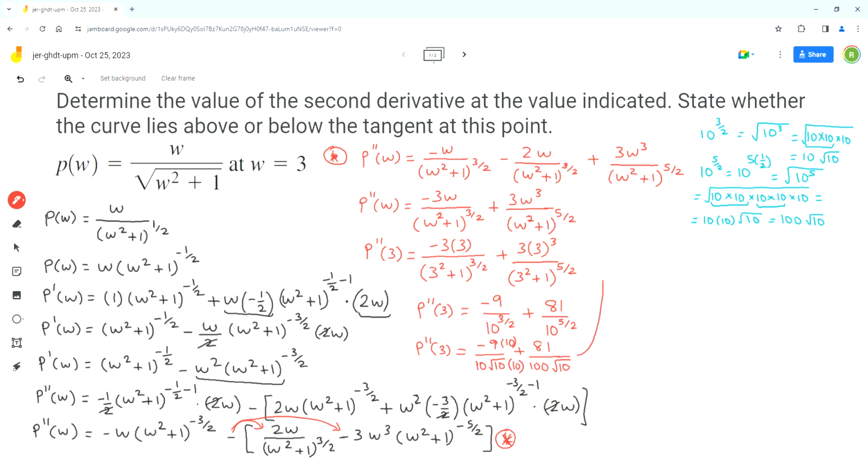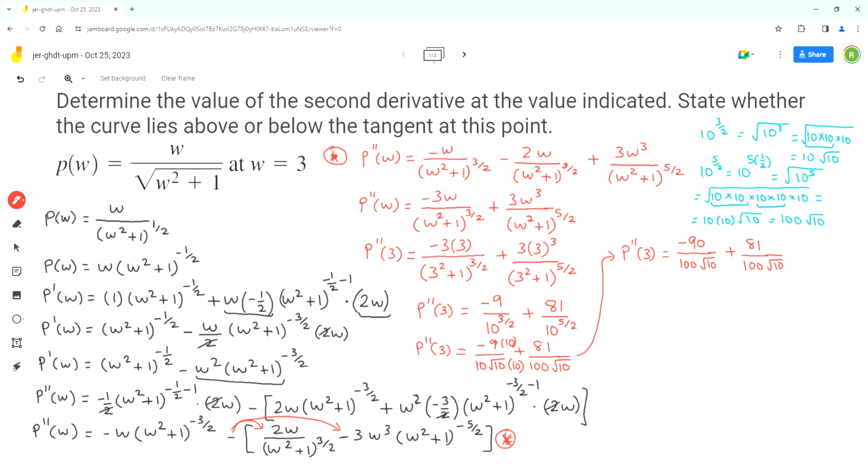So we can continue here. The second derivative of p at 3 equals, so we get negative 90 over 100 square root 10 plus 81 over 100 square root 10.